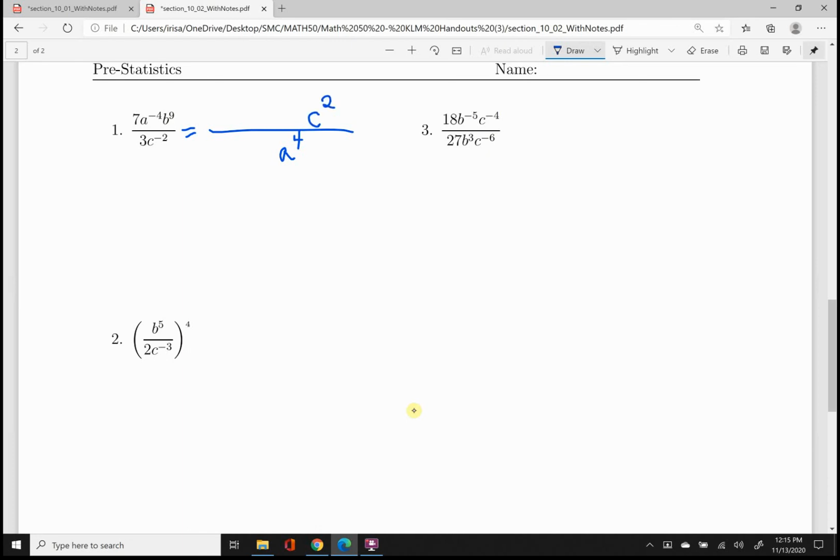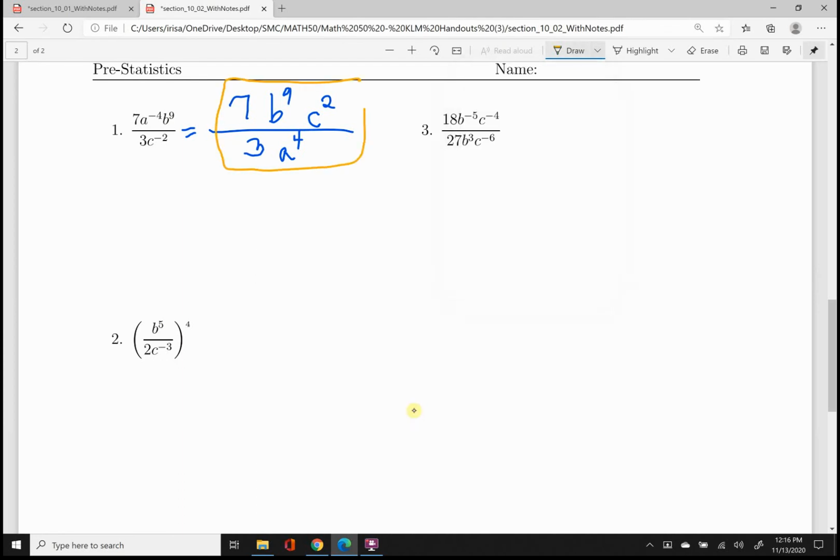So here is us, in one step from the original problem to the first step, just switching the places of the negative exponent variable parts. And then everything else that doesn't have a negative exponent, like the 7, the b to the 9th power, and the 3, they just stay in their current positions, like so. And that's all there is to it.